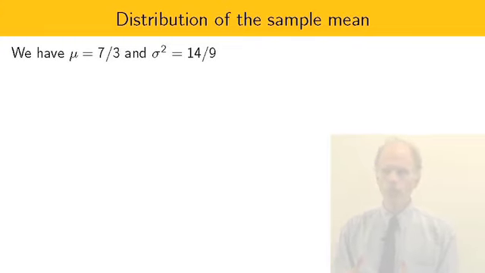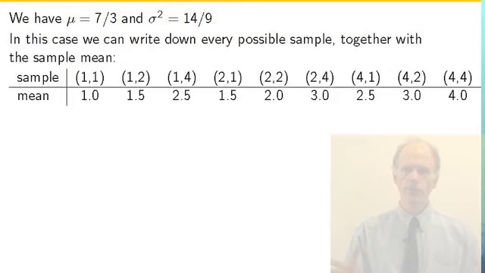Okay, so the sample mean, remember, we're taking samples of size 2 from this population. Now, a sample of size 2 from a population which has only three possible values, we can actually enumerate every possible sample. And so if we imagine the first draw could be a 1, a 2, or a 4, and the second draw could be a 1, a 2, or a 4.